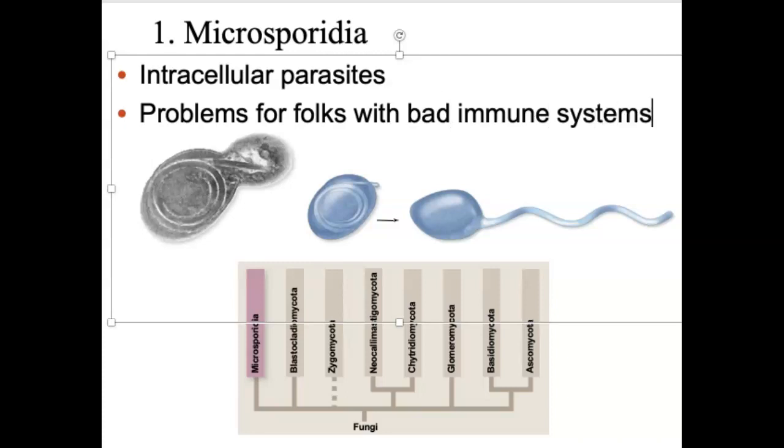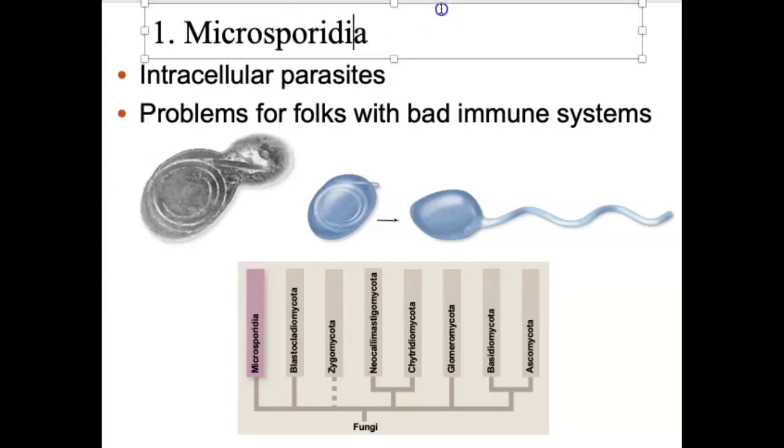So that becomes a problem for anybody who's got a suppressed immune system or compromised immune system. This particular fungal infection can be very, very deadly. So somebody suffering from AIDS, you get a fungal infection or this Microsporidia infection and can be, again, a serious problem for a person.